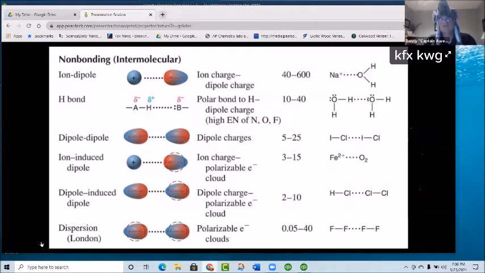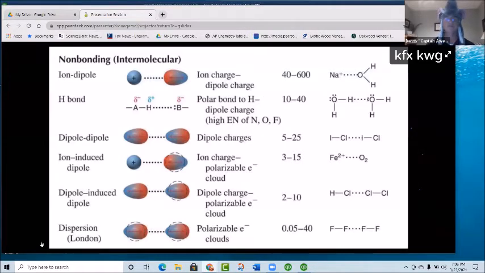So a dipole is induced when you get an uneven distribution of electrons. When one thing that's polar is attracted to another thing that's polar, we call that a dipole-dipole force. Now, there are several different types of dipole-dipole. We have some very, very weak dipole-dipole forces that we call London dispersion forces.